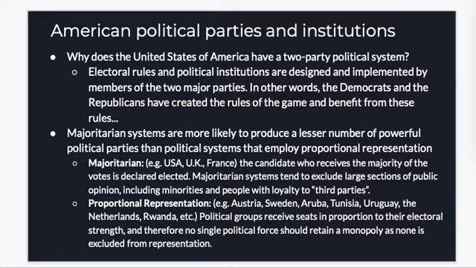However, not all democratic countries in the world have only two major parties. Political scientists have asked about this a lot over the years.